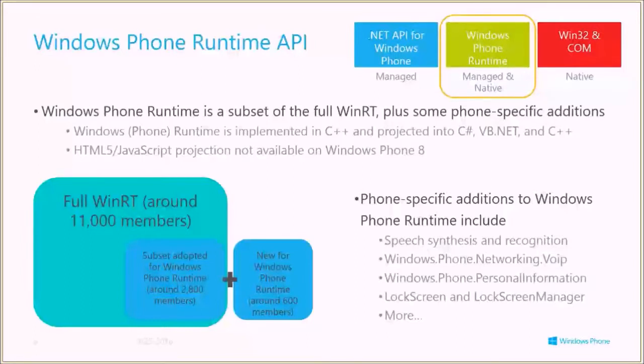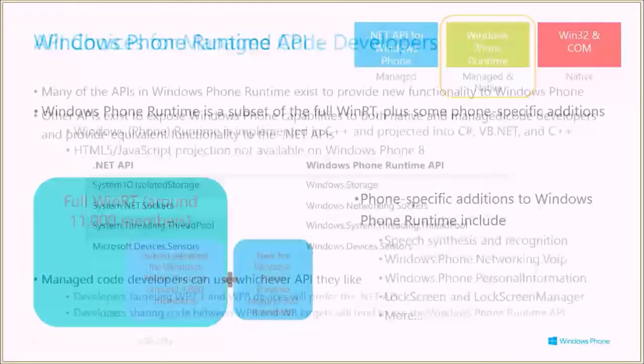So as a developer, there's this question about which APIs I should choose. Now I'm developing my application. Should I use the .NET APIs, which, if you're a .NET developer or an ASP.NET web developer, you're most probably more familiar with? Or should I use the Windows Phone Runtime APIs?